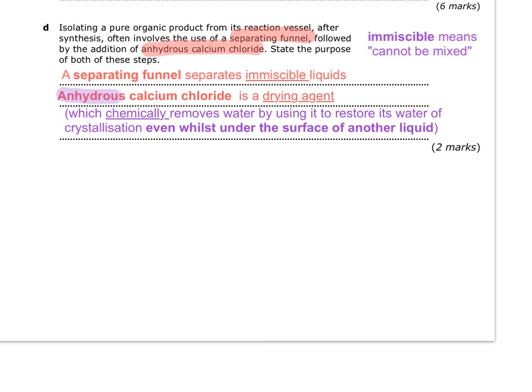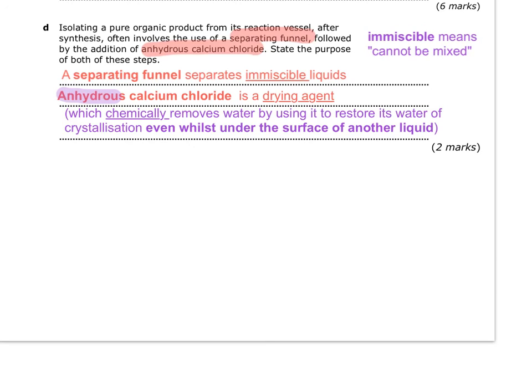So that means that the anhydrous salt is going to want to try and get some water of crystallization back to help it form its crystalline structure. So thinking back to our work on water of crystallization, it chemically removes traces of water by using that water to restore its water of crystallization. And it can even do that whilst it's under the surface of another non-aqueous liquid, such as cyclohexane or hexane, for example.